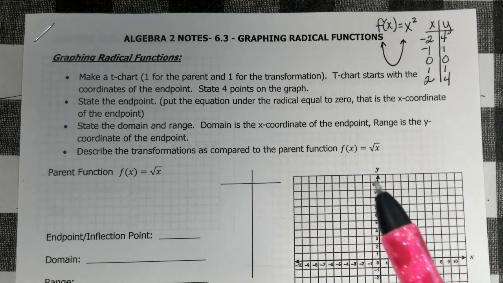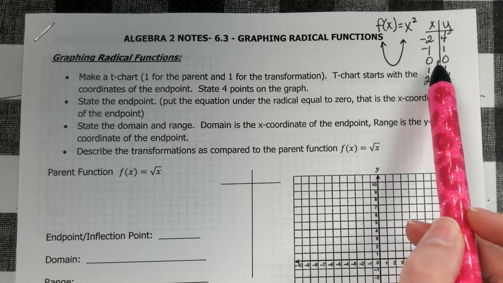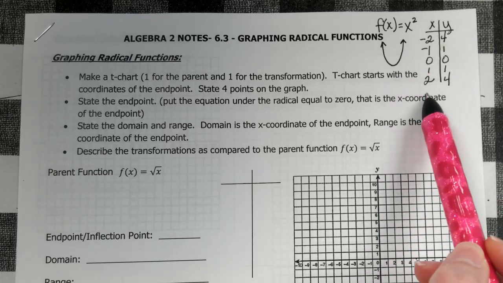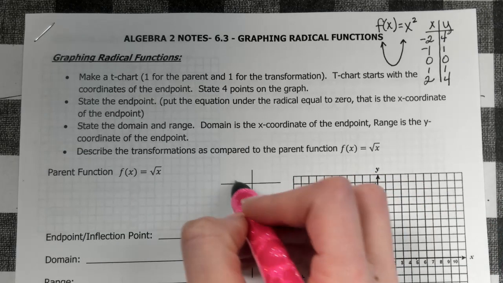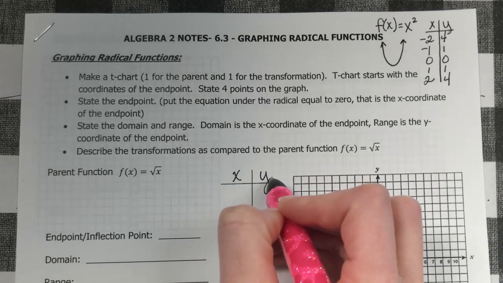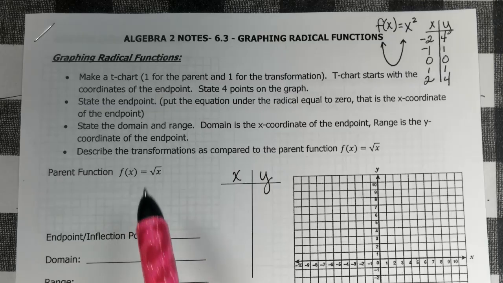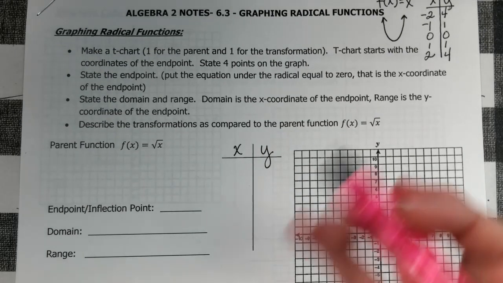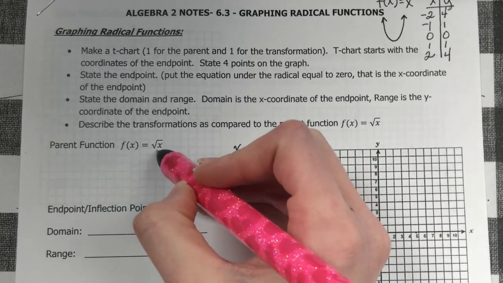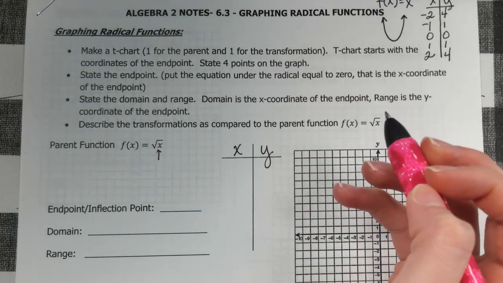Okay, so every time we've done transformations up to this point, our x values have been the same: -2, -1, 0, 1, 2. So when we go and do our parent function for the square root of x, can we have the same -2, -1, 0, 1, 2? Think about what you're plugging in as an x value.